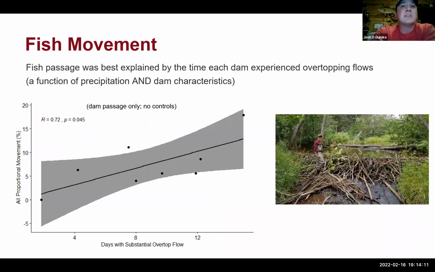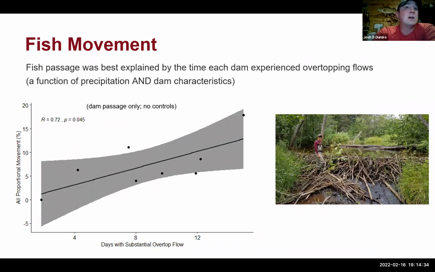So this is what this next graph is showing, the cumulative hours that dams were overtopped. So here I'm showing the x-axis is days with substantial overtopping flow. That's all of those hours added up. And the y-axis is all proportional movement of fish up or downstream. This is dam passage only.